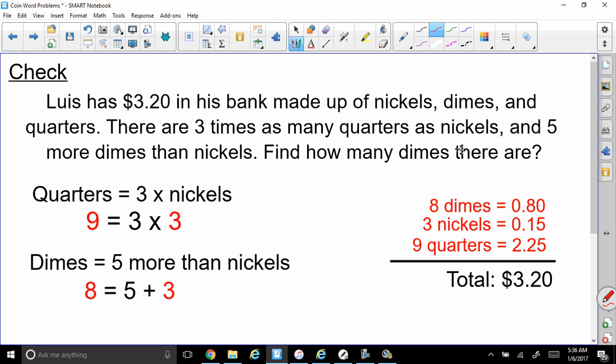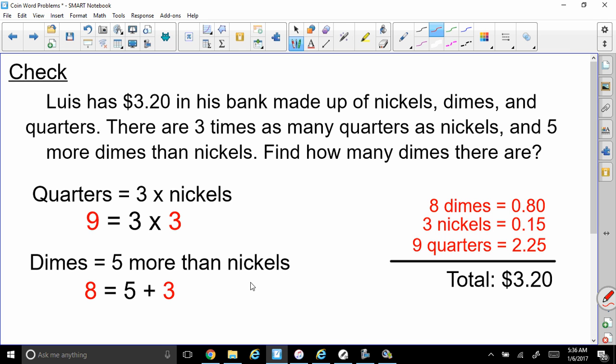It also said that there are 5 more dimes than nickels. Well, since there are 5 more dimes than nickels, 5 plus the number of nickels, that would give us a total of 8 dimes. Sorry, 5 more dimes than nickels. So 5 plus 3 is 8.